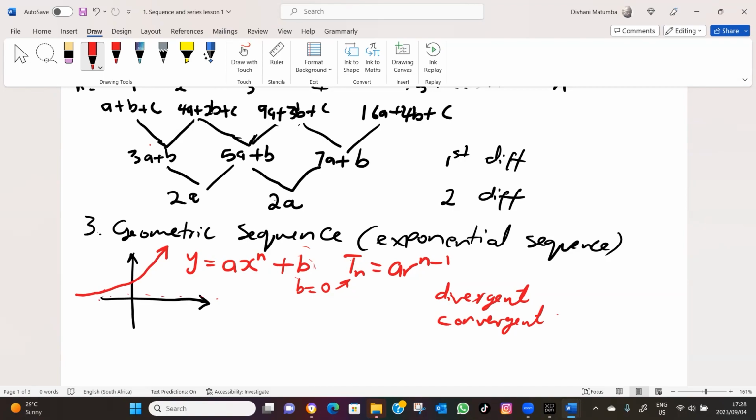Because as the value of n increases, the value of Tn also increases.